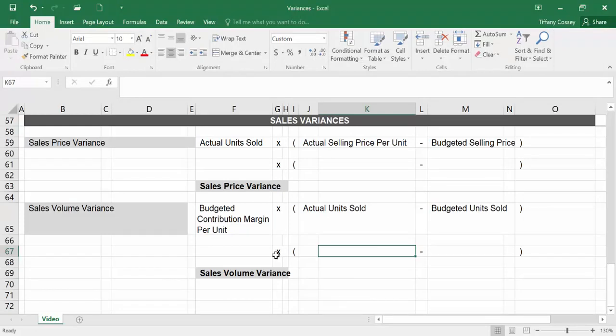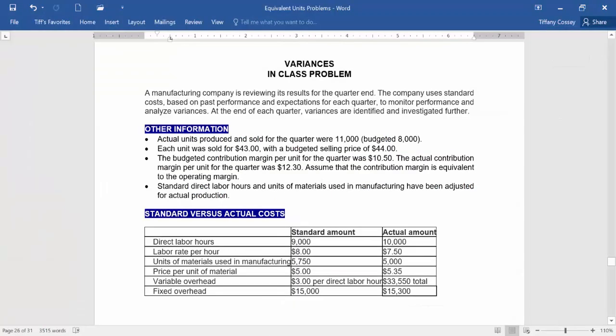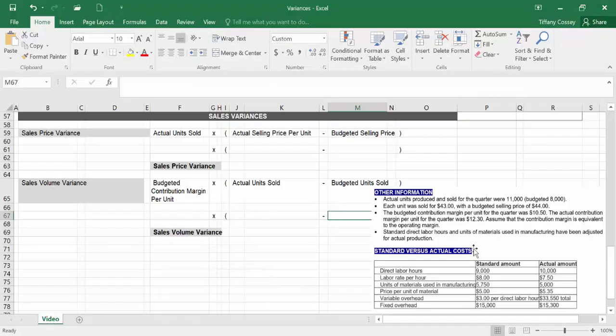And then we just need to take a look at the information so that we know what to plug in where. I'm going to copy and paste the information very quickly. Okay, so I have the information in a very small format down here. Hopefully you have the worksheet printed out in front of you so that you can follow along a little bit more easily.